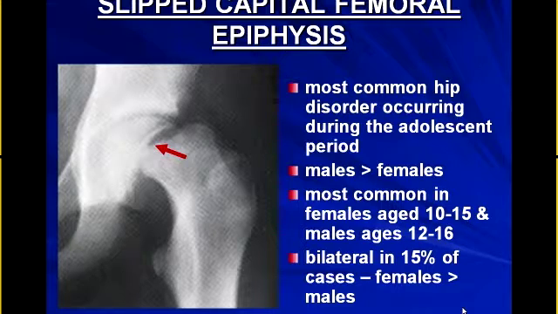Males are more commonly affected, by a ratio of 3 to 2, most commonly at the age of 12 to 16 because they mature skeletally a little later. Females are much younger. And when it is bilateral, which is 15% of cases, then the incidence is actually higher in females.